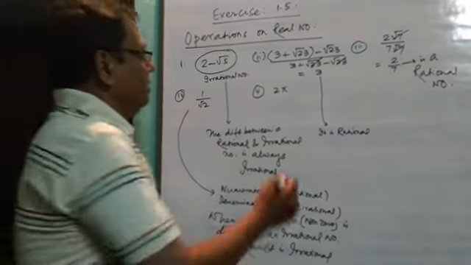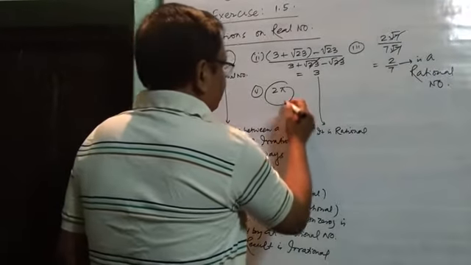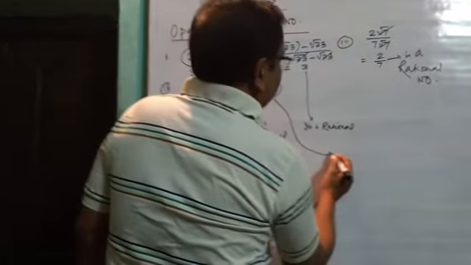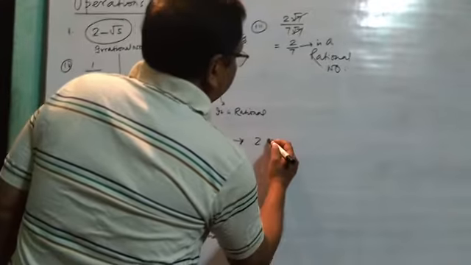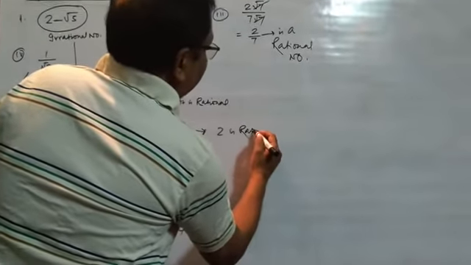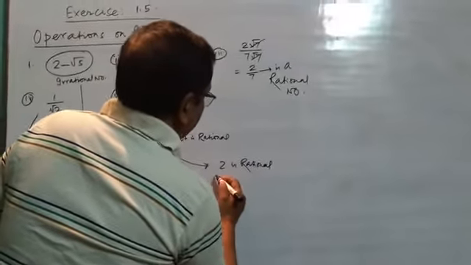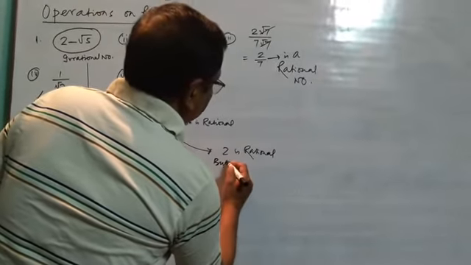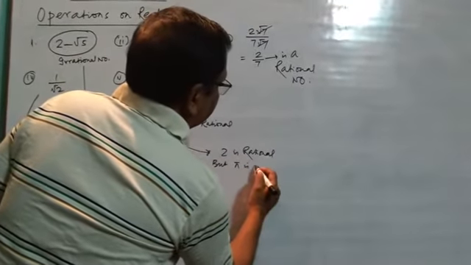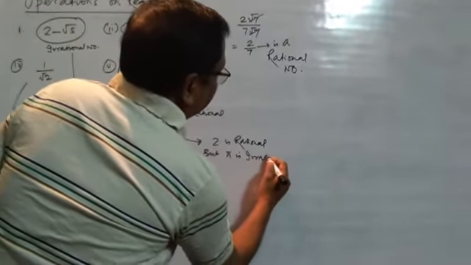The last one, 2 pi. 2 is rational, undoubtedly, but pi is irrational.